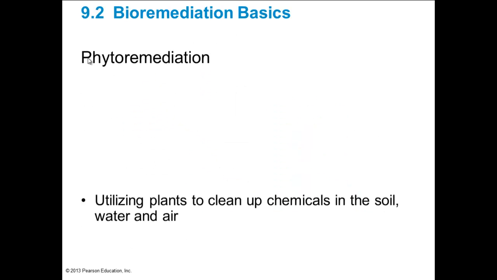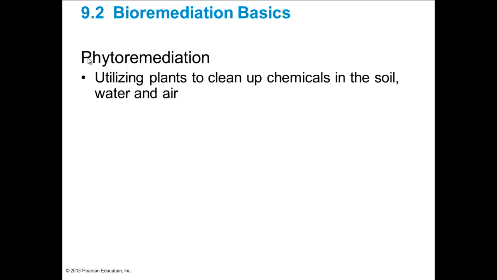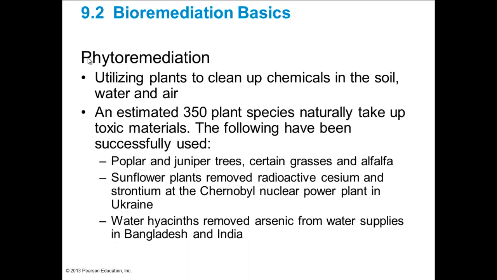You can also use phytoremediation. This is when terrestrial plants are used to clean up the soil, water, and air. And plants will naturally take up toxic species. You find these plant species like ferns or parrot feather in wetlands, and they will hyperaccumulate metals. They will detoxify organics.